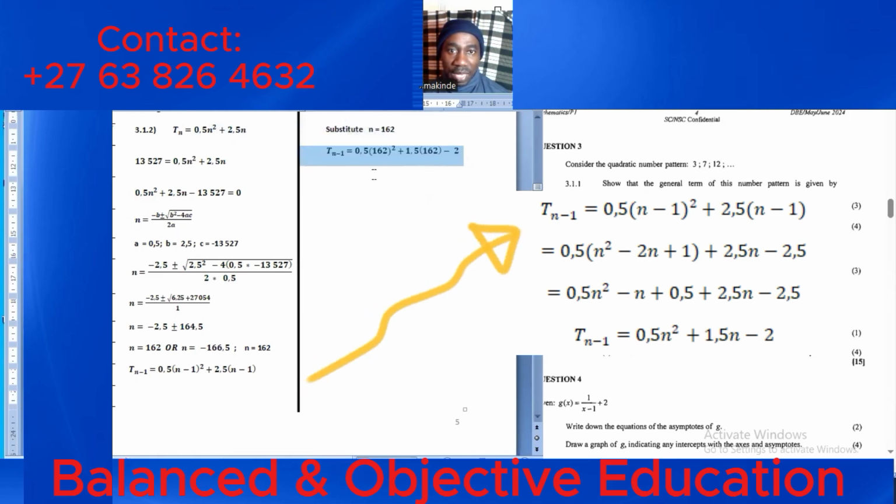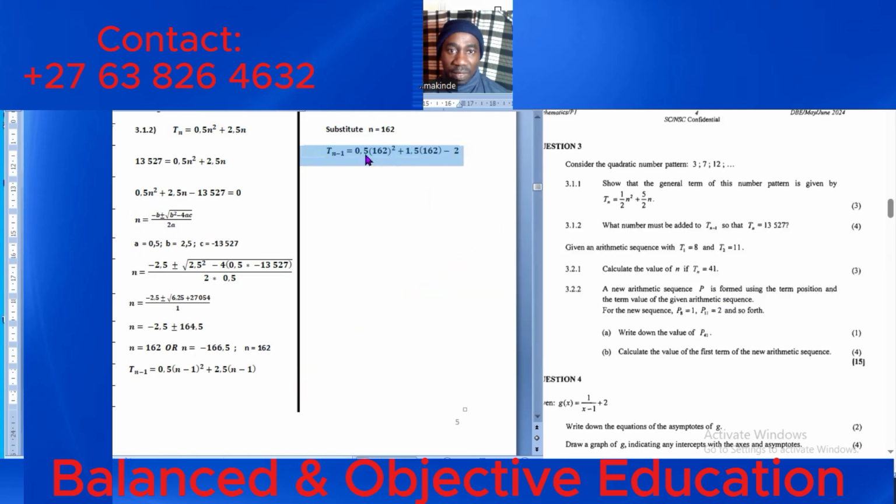Then we have this 0.5 multiplied by 162 squared plus 1.5 into 162 minus 2. So that is what we have there, and we can simplify that further.